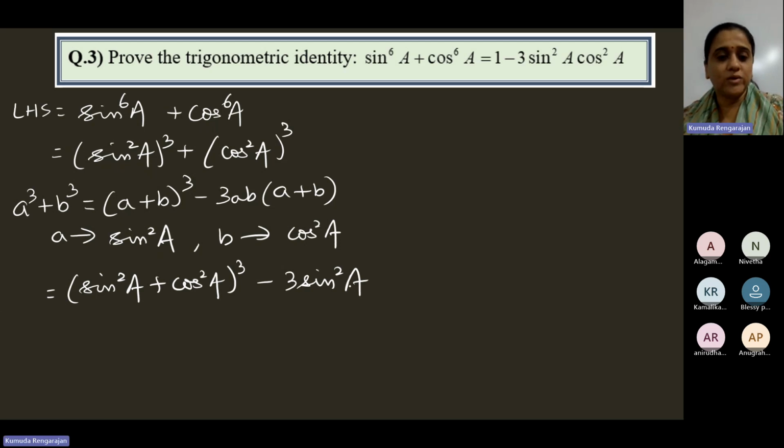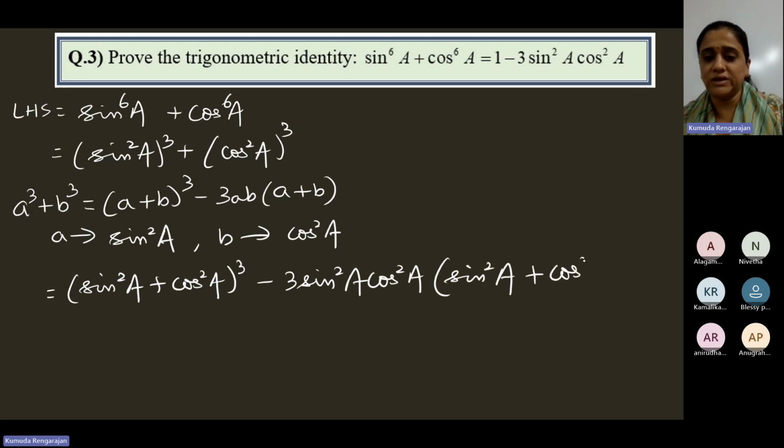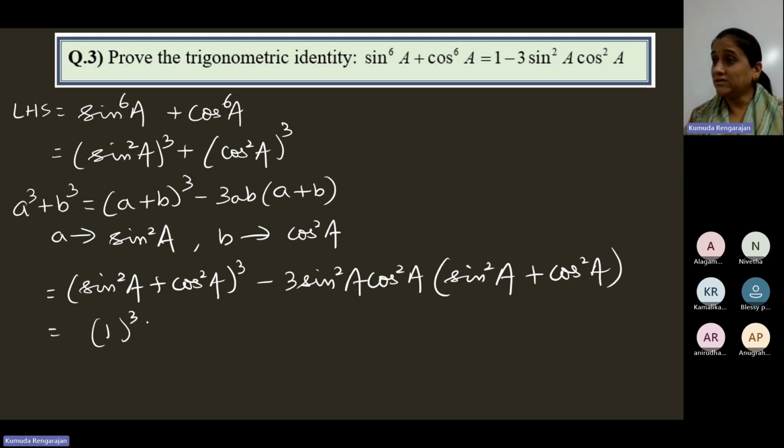So 3 sine square A cos square A into, this is 3AB into A plus B into, this is A plus this is B. Now, sine square A plus cos square A is 1 cubed. You must write the 1, don't ignore 1.